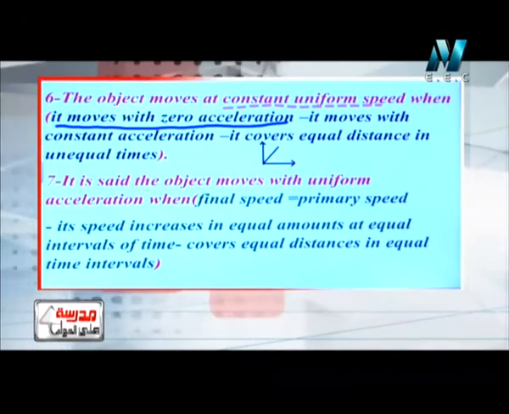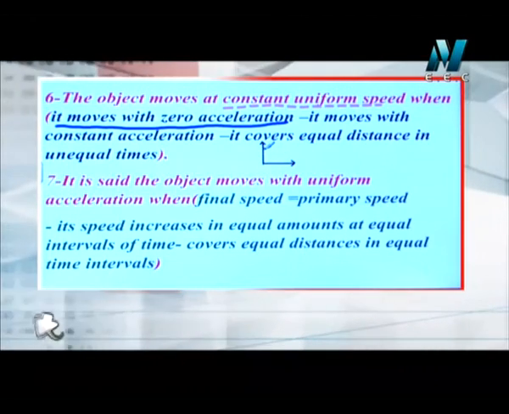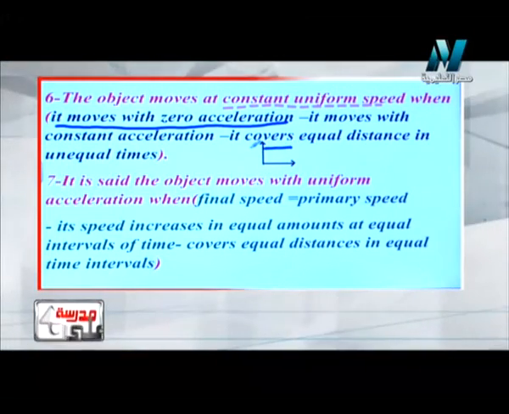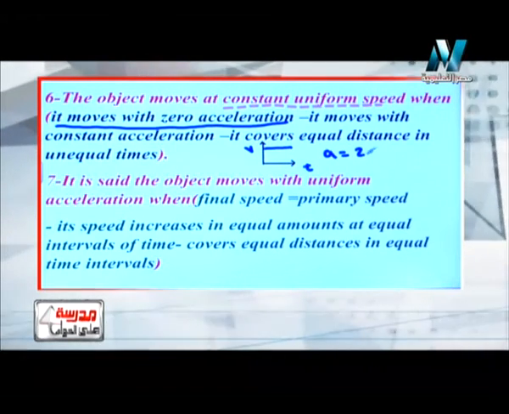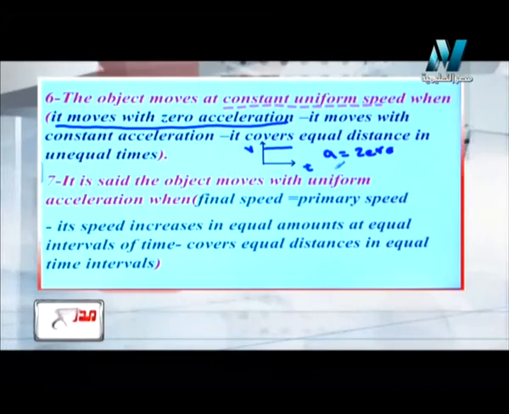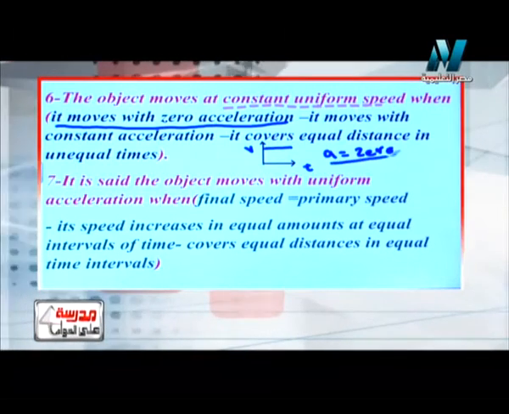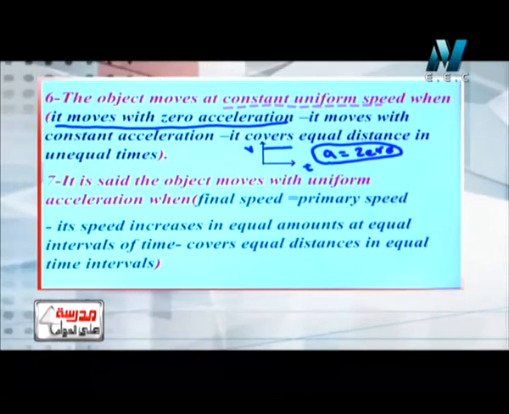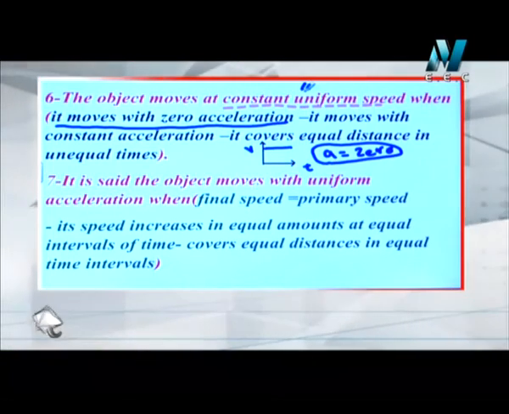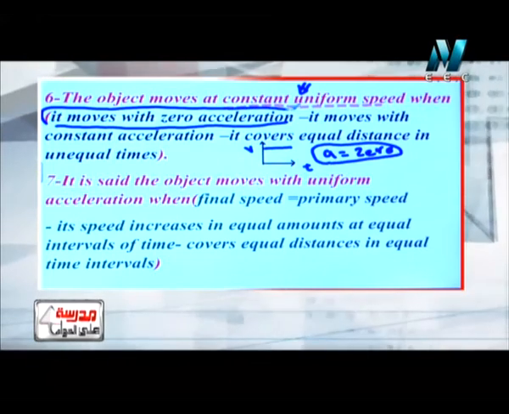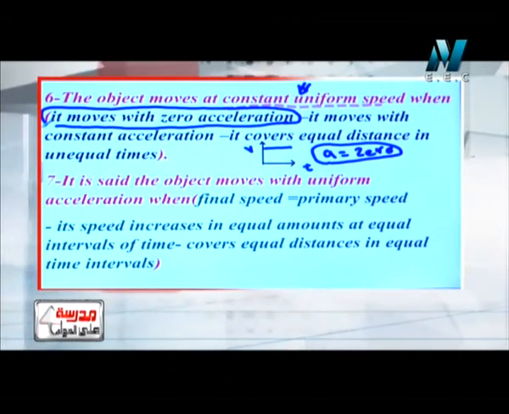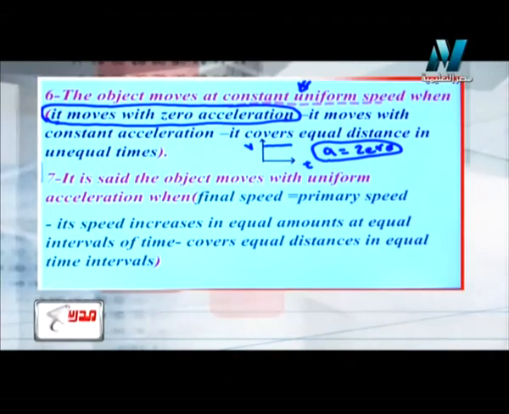If we have a straight line like that, with speed and time, here we have acceleration equal 0, and at the same time the speed is uniform or regular or constant speed. So if we have uniform speed, we have acceleration equal 0, because the final speed equals the initial speed, or because the speed doesn't change.